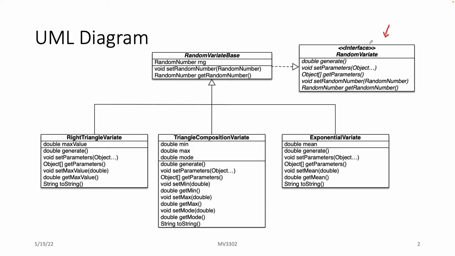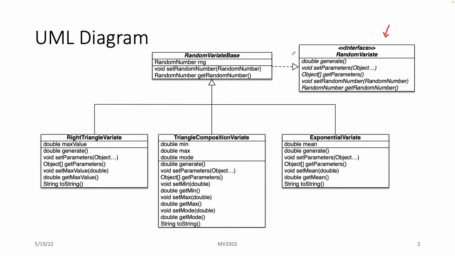Now, the principle of having abstract base classes is that if there's common things that every instance is going to do, then it's convenient to put it in an abstract base class. In this case it's not super necessary, but there's something called random variate base, and all it does is provide a random number variable with a setter and a getter.